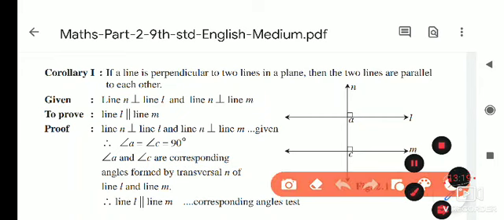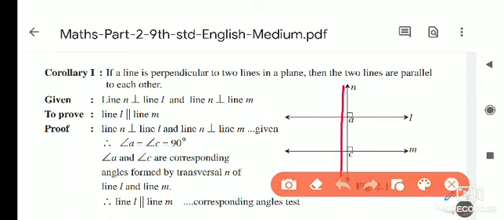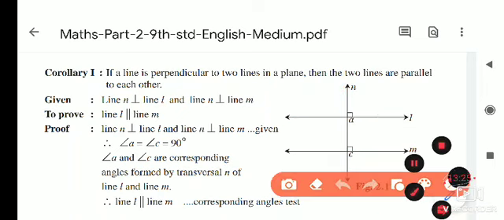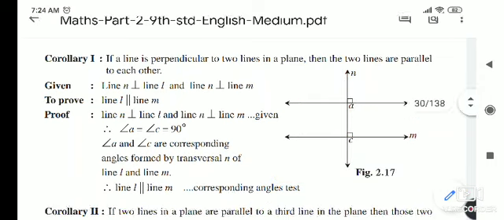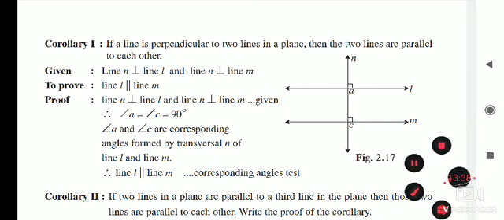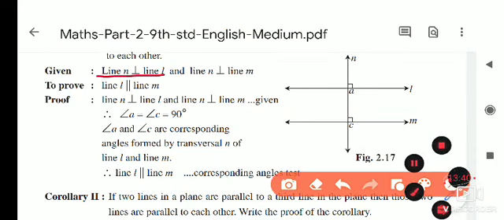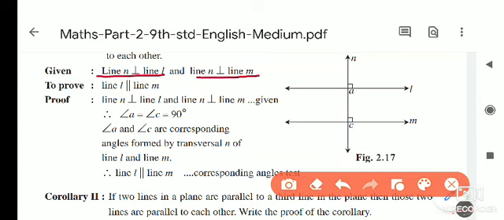Perpendicular means the transversal N is perpendicular on these lines L and M. N is perpendicular on L, and N is perpendicular on M, then L and M are parallel to each other, that we have to prove. First of all, it is given that N is perpendicular on L and N is perpendicular on M, so L and M are parallel to each other.